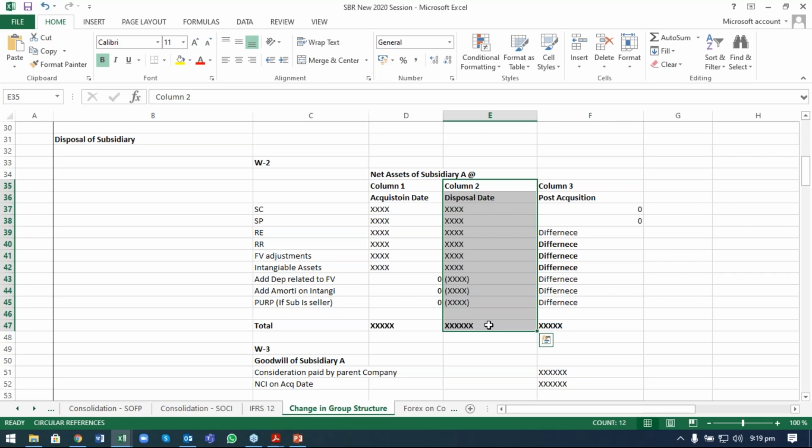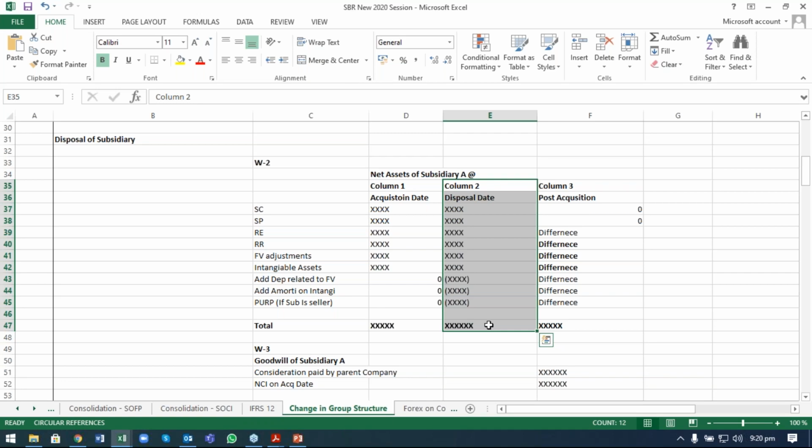One thing is your net assets of subsidiary. It means you are adding up all the assets of subsidiary within the assets of parent, and you are adding up all the liabilities of subsidiary within the relevant liabilities of the parent company. So ultimately we have added up net assets of subsidiary within the net assets of a parent. So we have recorded net assets of subsidiary on acquisition.